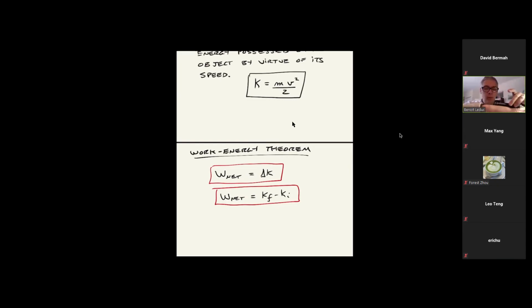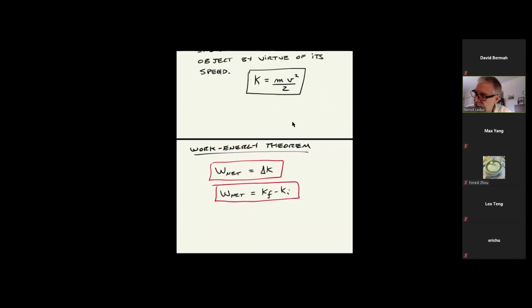It will slow down because there's friction, and we know that the work done by friction is negative. So once again, if the net work done on an object is negative, the initial kinetic energy will be greater than the final kinetic energy. Usually the mass stays the same, so what will change is the speed.